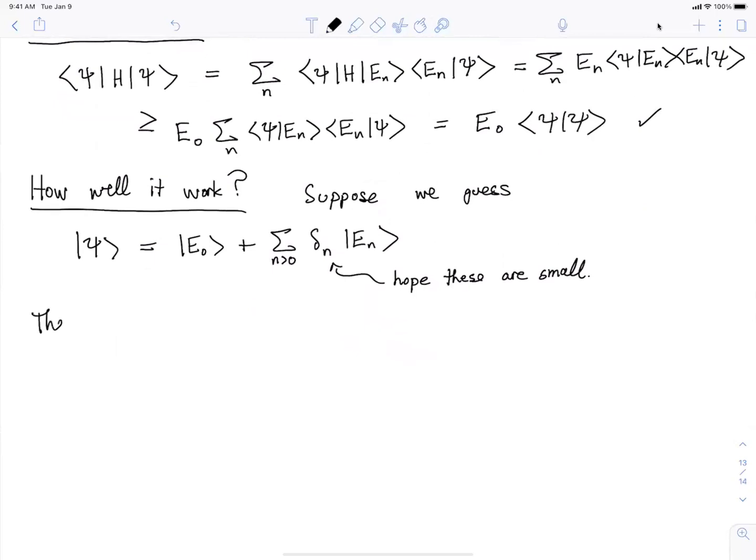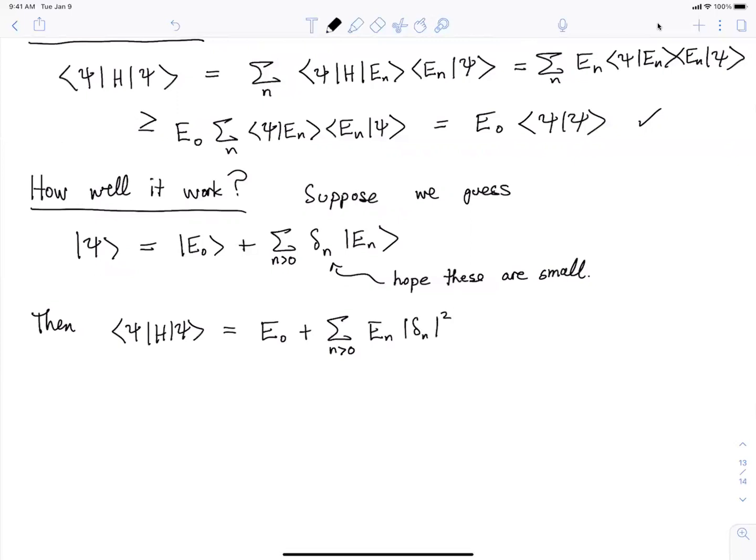Okay, then we can compute psi H psi, and that's just E0 plus the sum over n greater than 0 of E sub n times the magnitude of delta n squared.